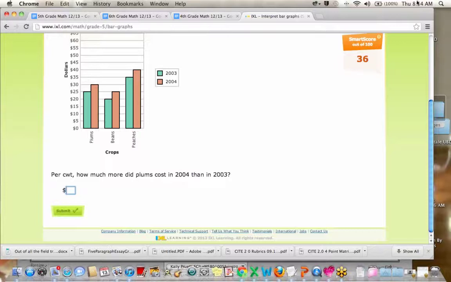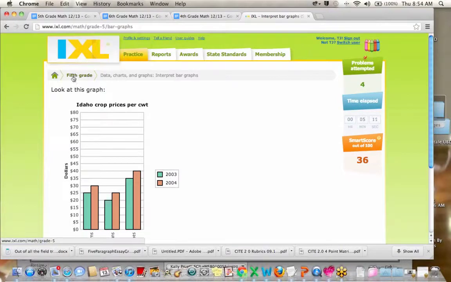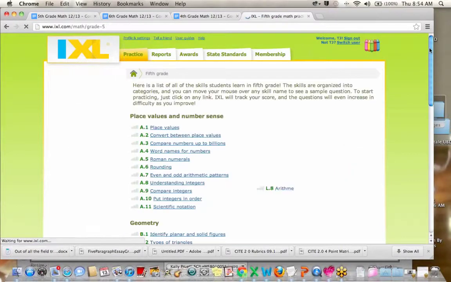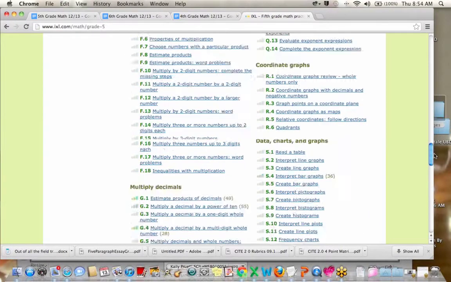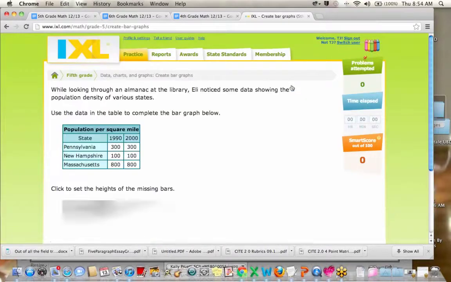Let's go to creating bar graphs, which is really not hard, but slightly more complicated. Okay, here we go. While looking through the almanac at the library, Eli noticed some data showing the population density of various states.